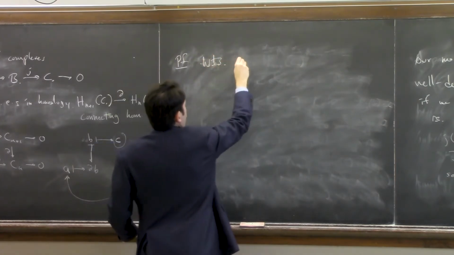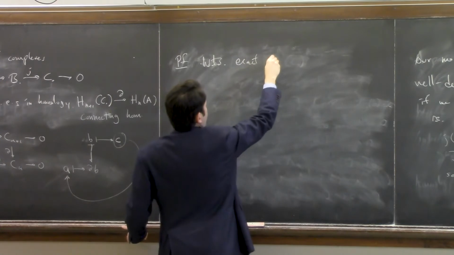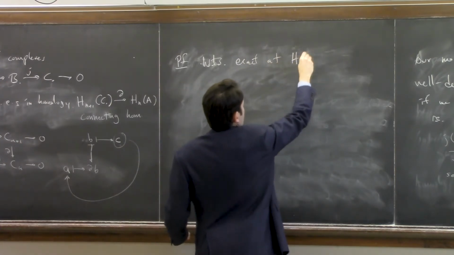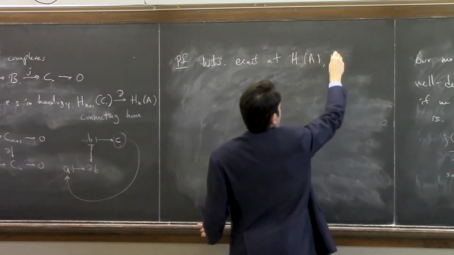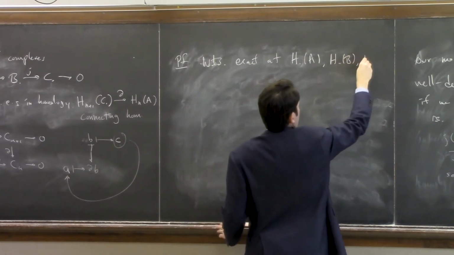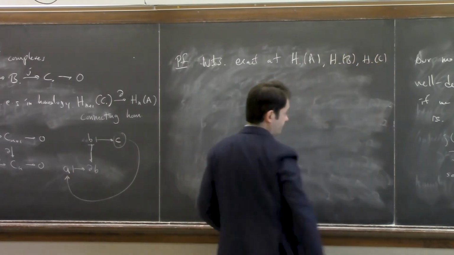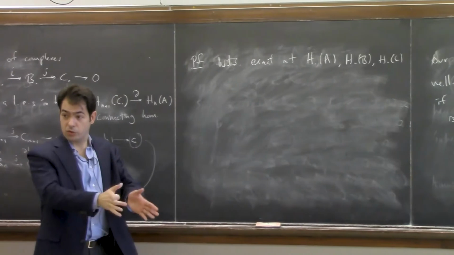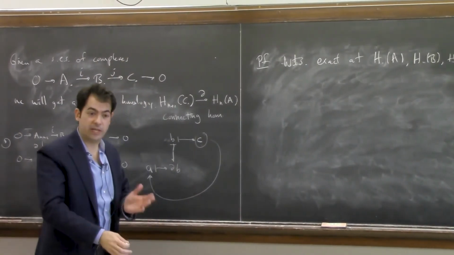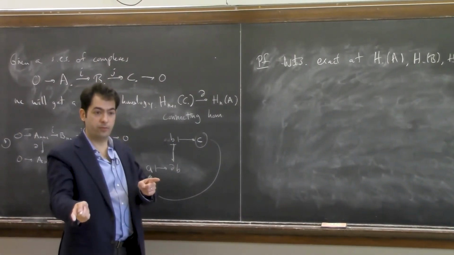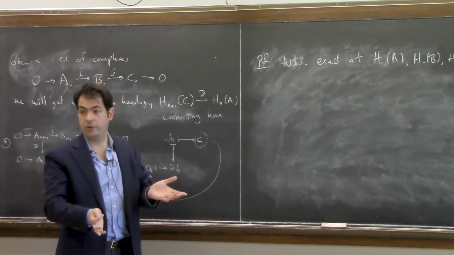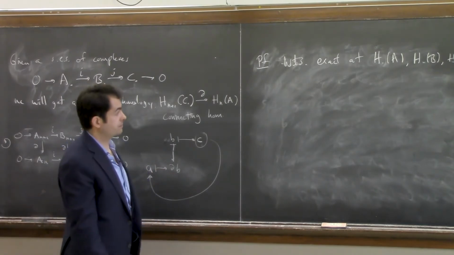Want to show exact at each of these, and each of these. Right, so at each spot, at each group, we need to check that the kernel of the one map is the image of the other one.